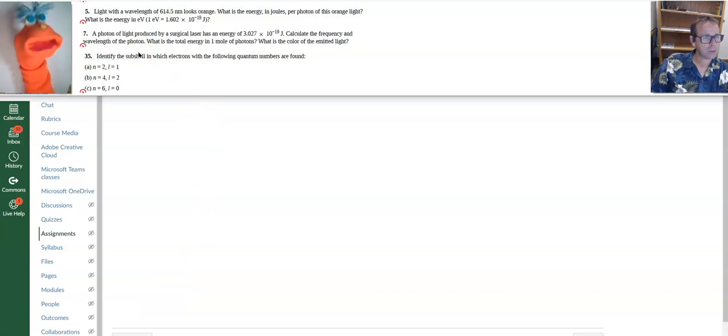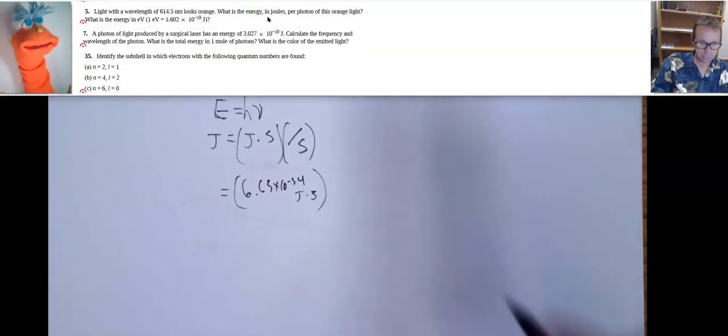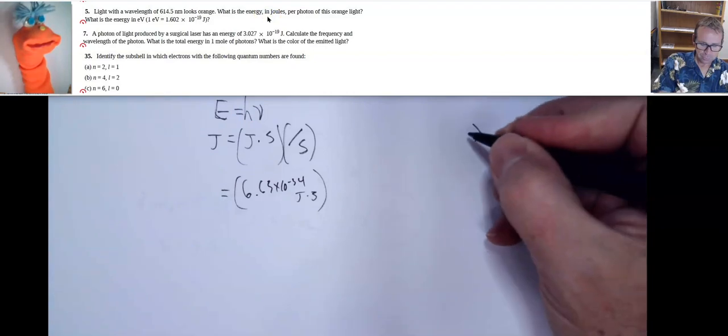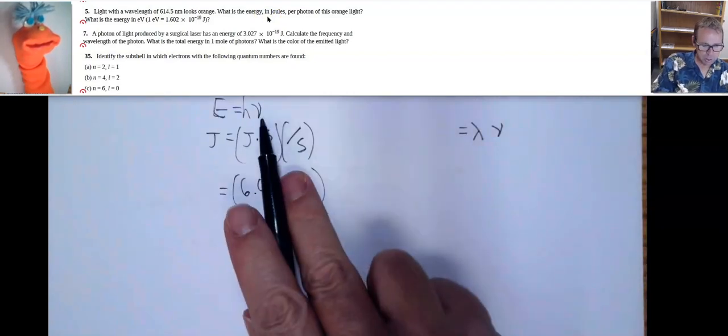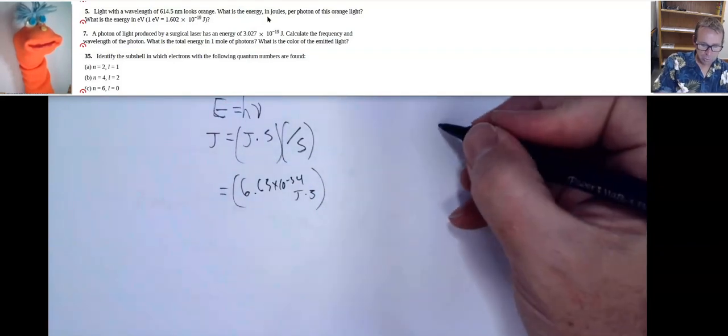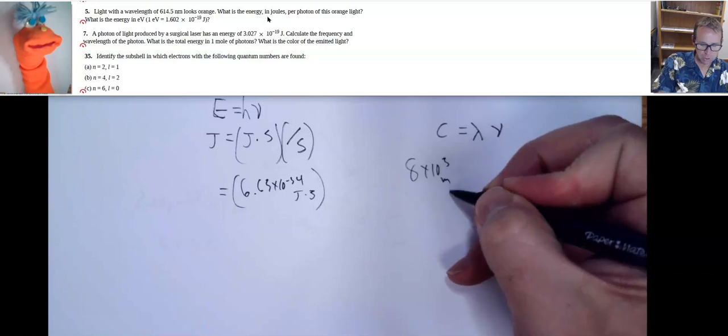Oh, they gave us a frequency? Yeah, right here, right? Oh, no, they gave us a wavelength. So they gave us a wavelength, and we want a frequency so that we can plug the frequency in here. So we need to use the speed of light, 3 times 10 to the 8th meters per second.